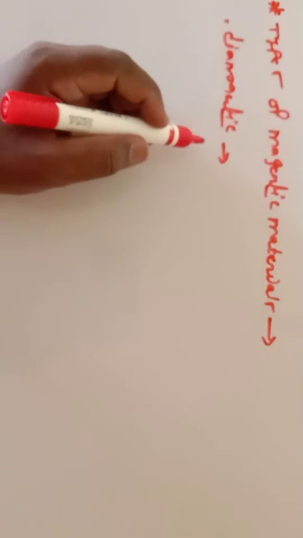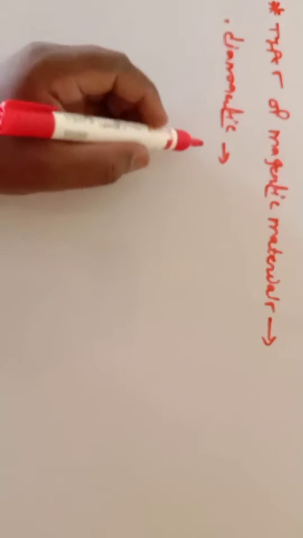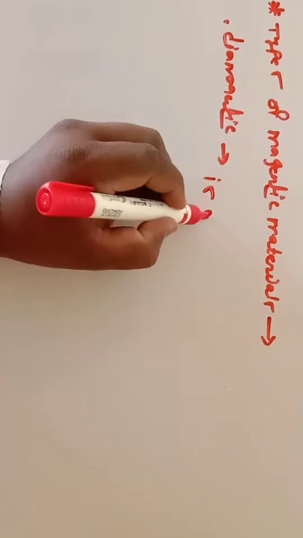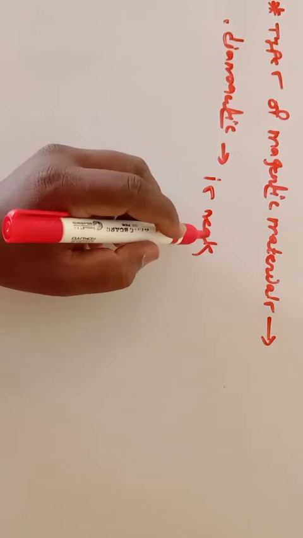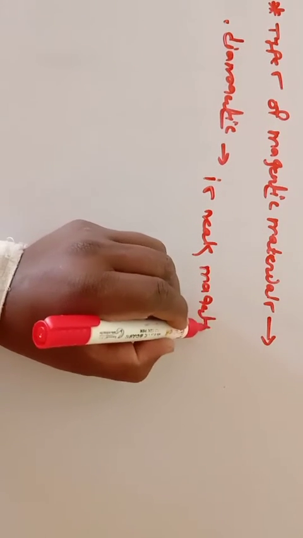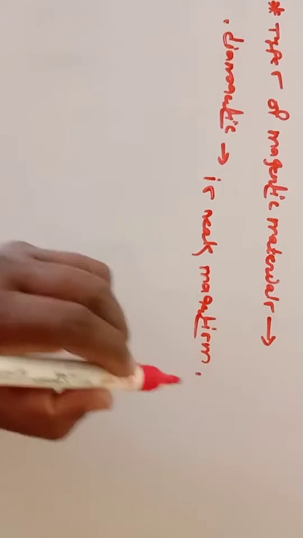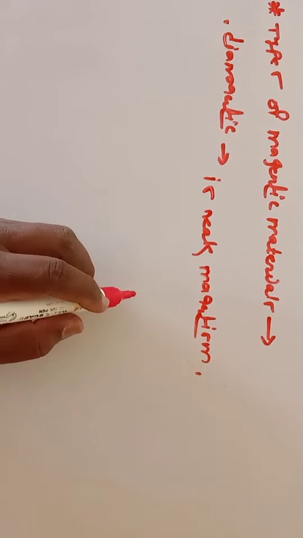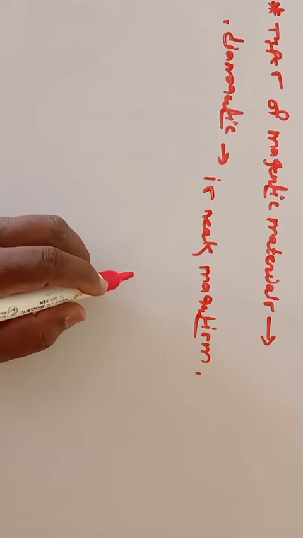Diamagnetism is mainly due to non-cooperative behavior of the orbital electrons under application of external magnetic field.